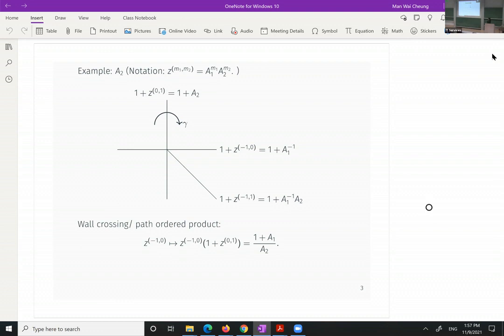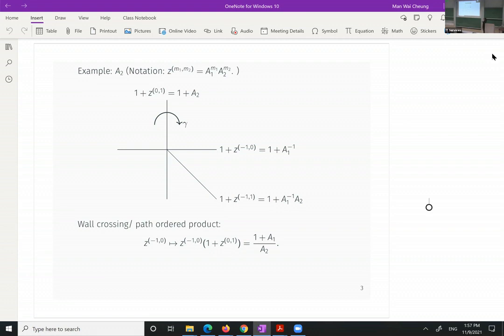Again, as Mark said, we have something called the path-ordered product, or wall crossing, where we cross a wall along a path gamma. Crossing a wall gives us an automorphism, which, if we have time, we can go into in detail, but let us illustrate everything today by an example.